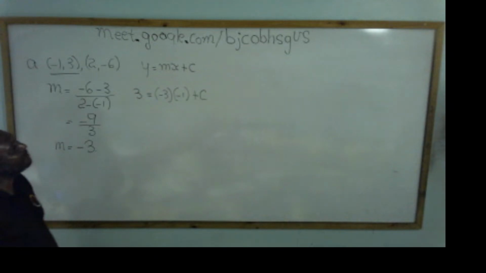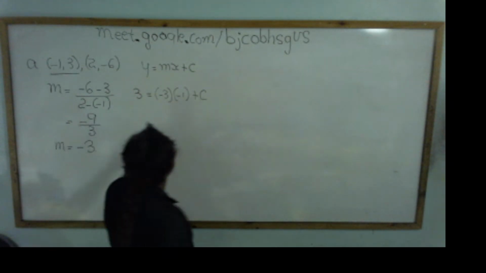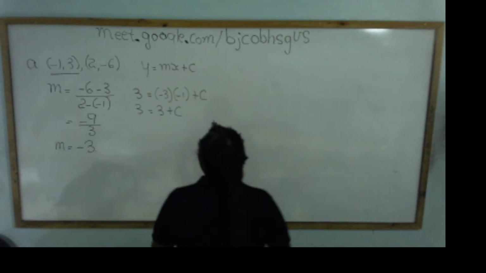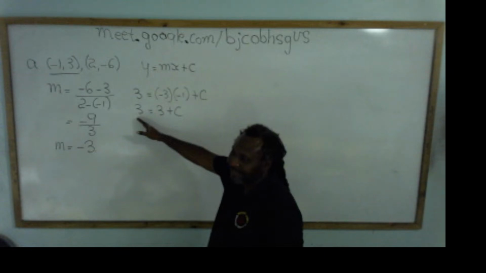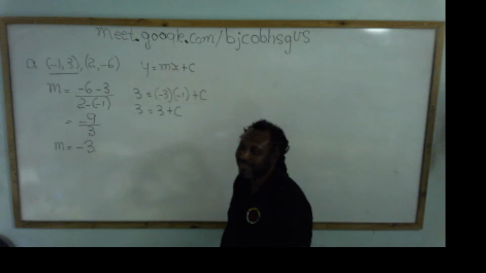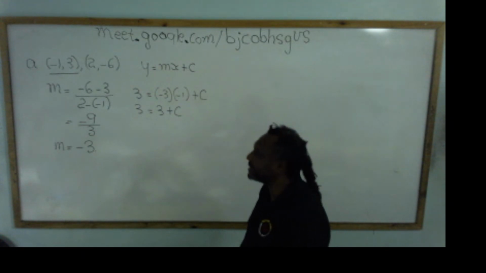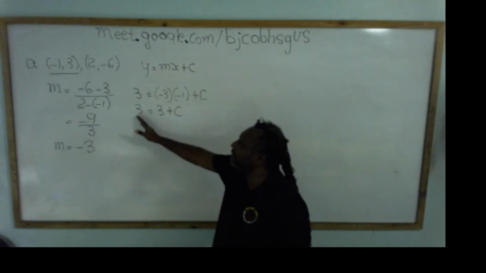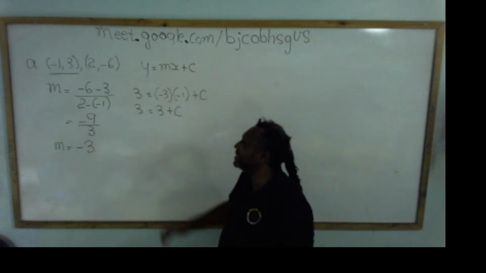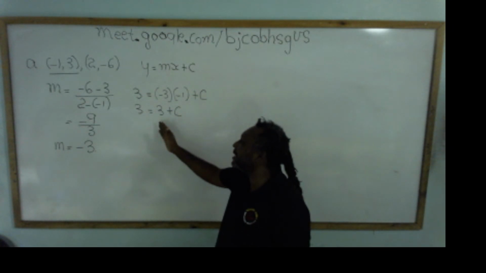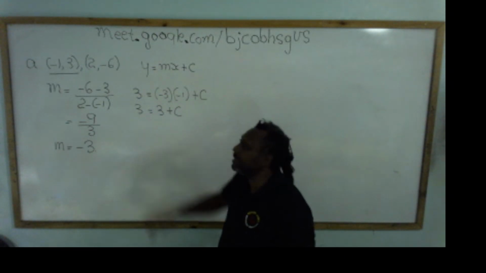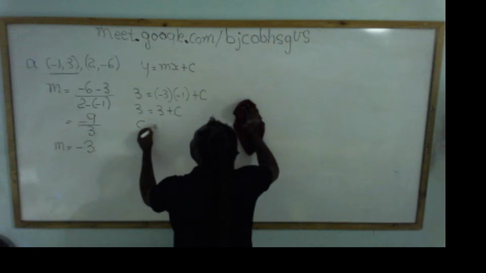What are we doing? We are attempting to find the value of c. So of course you'll see that this 3 is equal to 3 plus c. If we have a 3 here and a 3 here, then this has to be 0 for both sides to be equal. Just use common sense. We have a 3 on the left hand side, all by itself. On the right hand side, we have 3 plus something. So if the 2 sides are going to be equal, then what we are adding to 3 here must be 0 for it still to be equal to 3. So c is equal to 0.